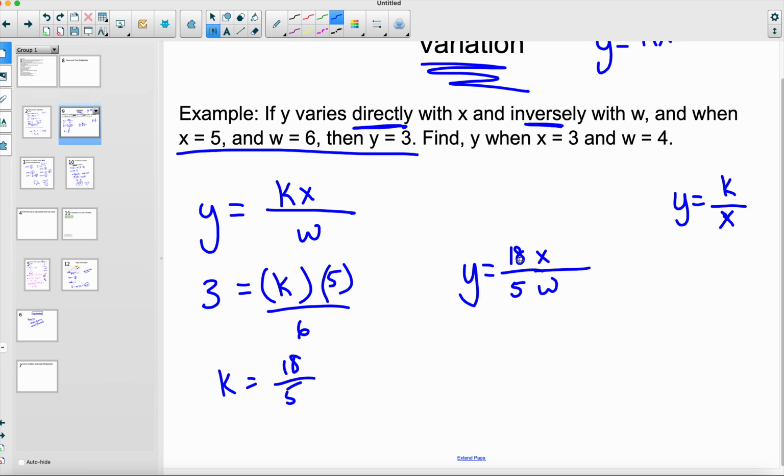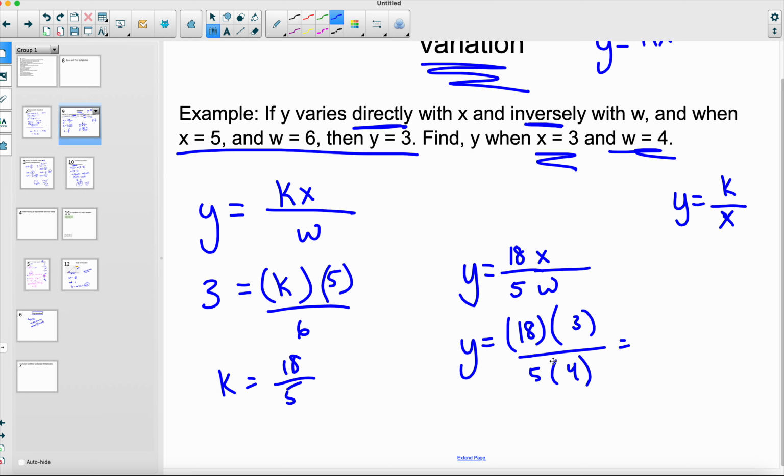This is the constant of variation. It varies directly with x, inversely with w. But now, no matter what values you give me for x and w, I can find y. When x is 3 and w is 4, find y. Plug it in, we can find y.